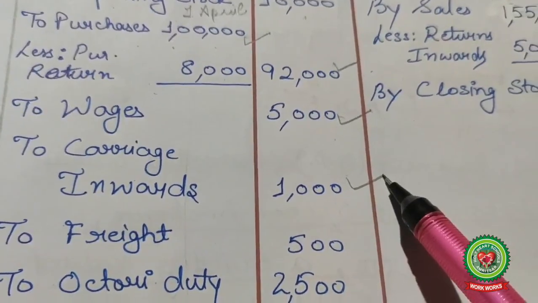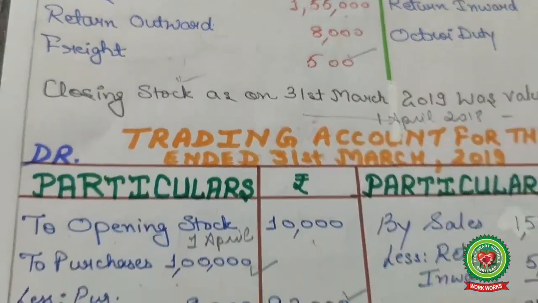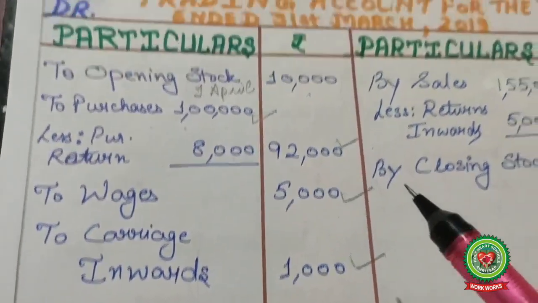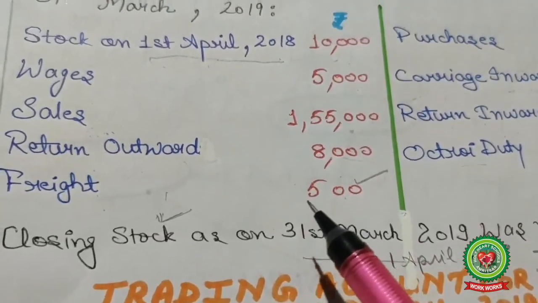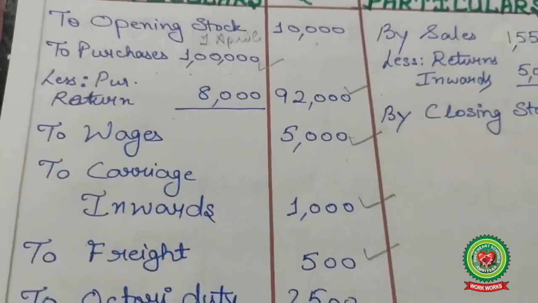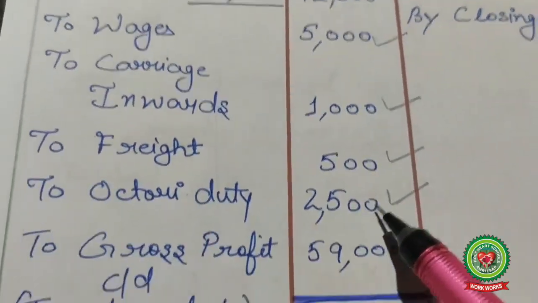Next, freight 500 is also your expense on production, 500 recorded. And the next one is octroi duty 2,500, record here 2,500. All the expenses are recorded here, okay.